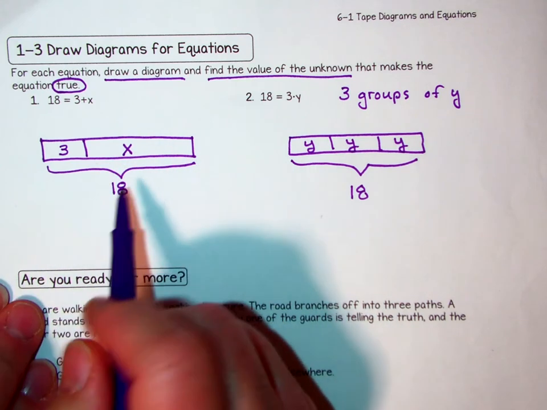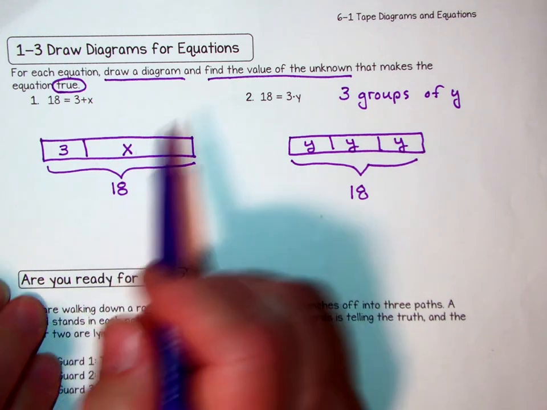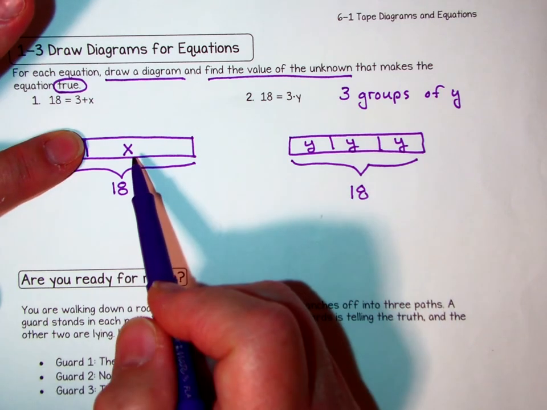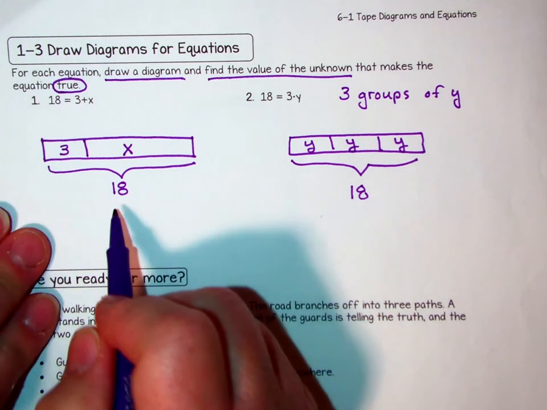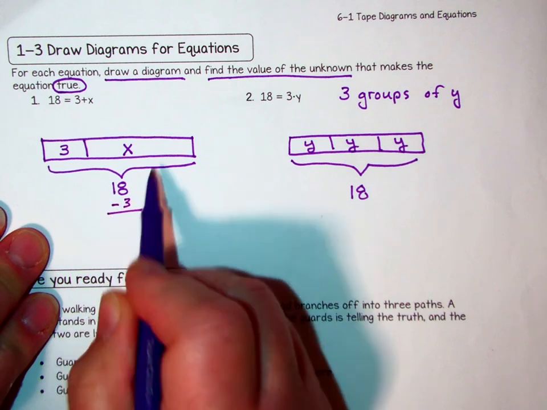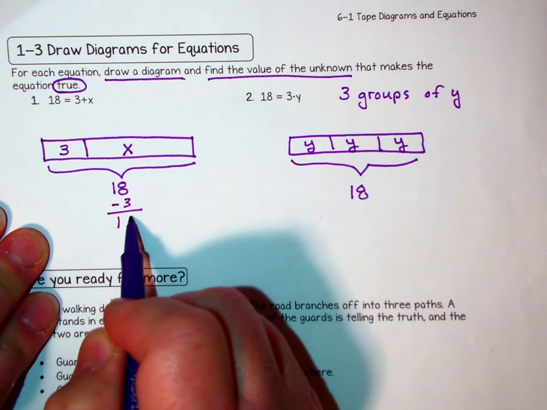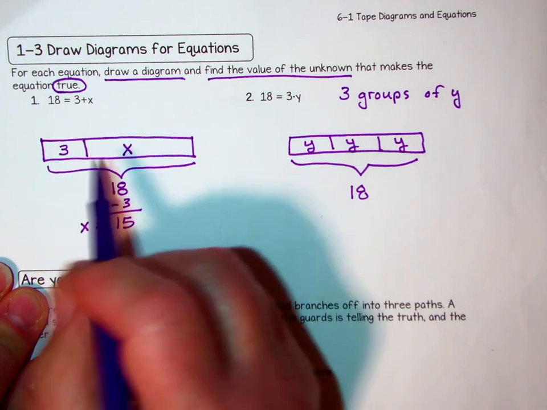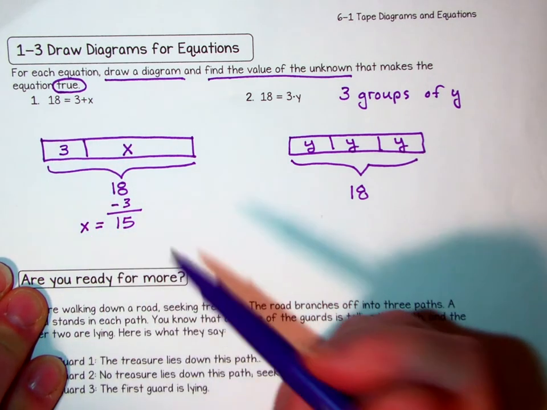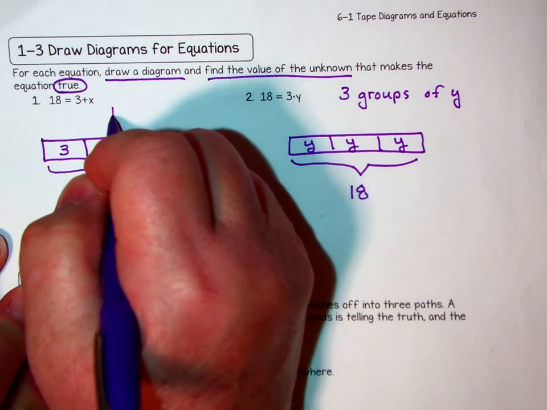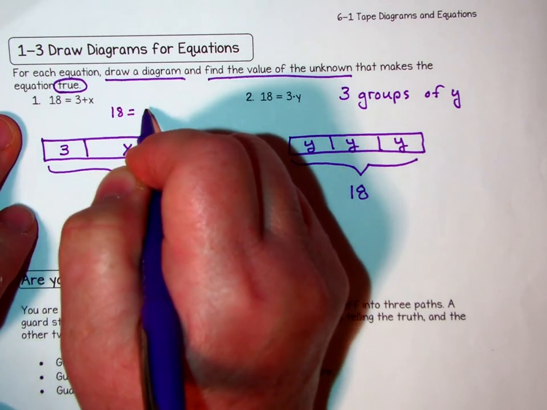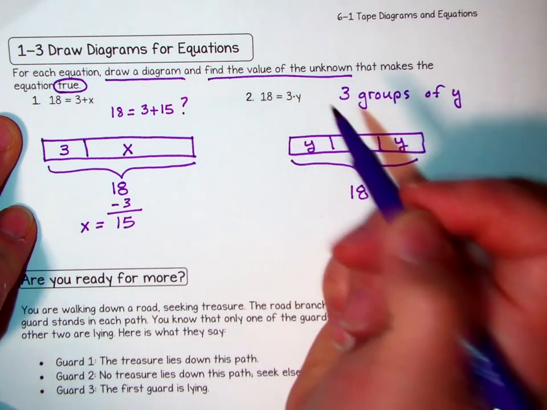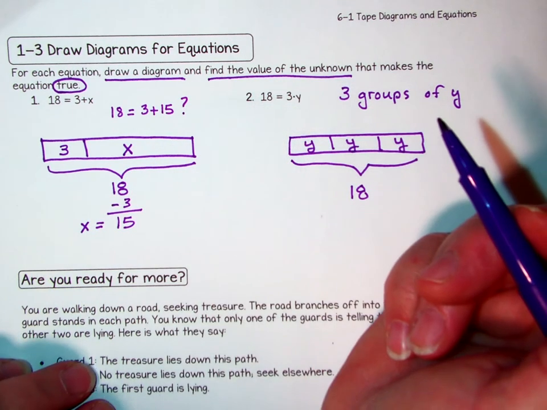So one thing I could do is if I take away the 3 from the 18, that's going to leave the value of x. And I have 15. So to make this equation true, x has to equal 15. And then I can check it. Is 18 equal to 3 plus 15? Yeah, that makes it a true statement, a true equation.